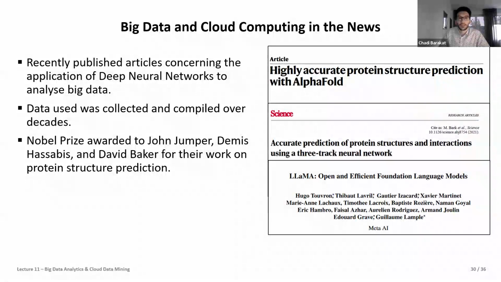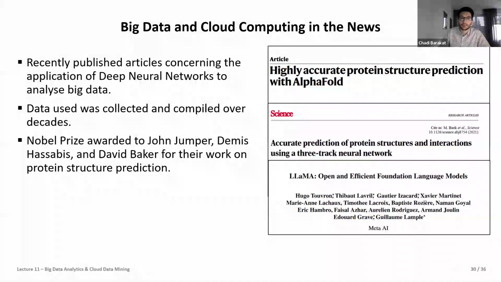They are John Jumper and Demis Hassabis from DeepMind, and David Baker from the Baker Lab at the University of Washington. So there is a lot of work being done in this field, and there is a lot of recognition that can be accrued in this field as well.